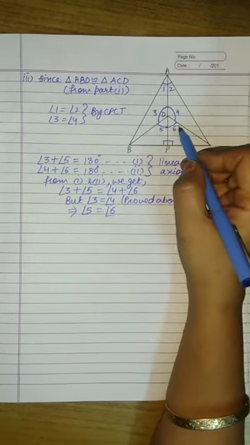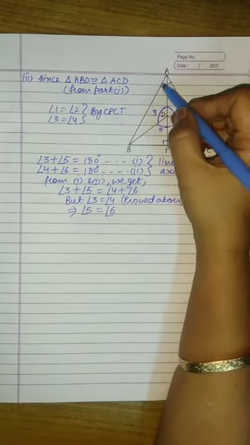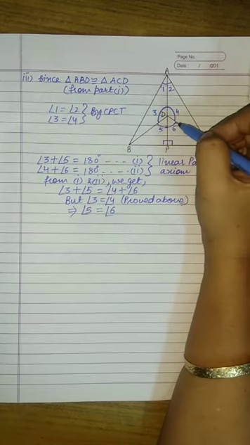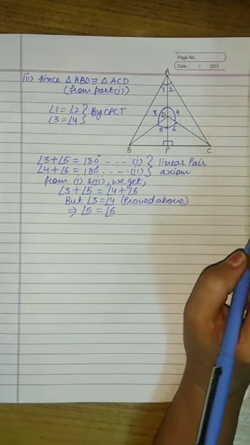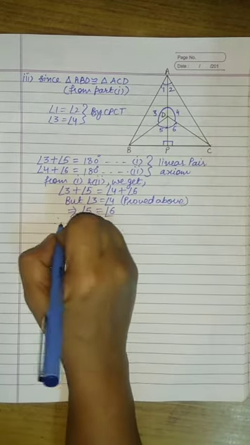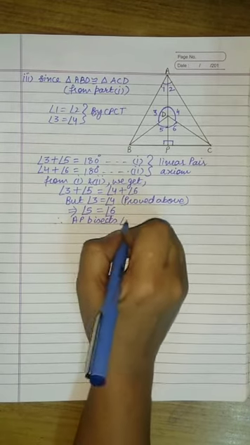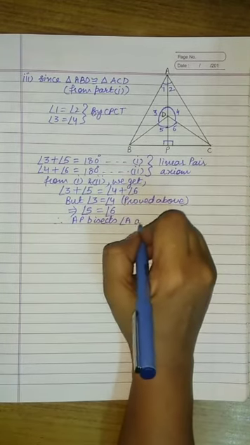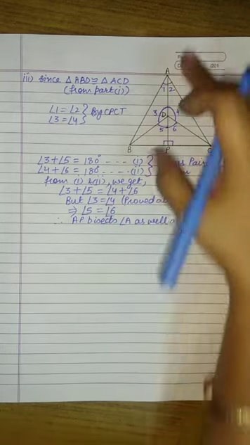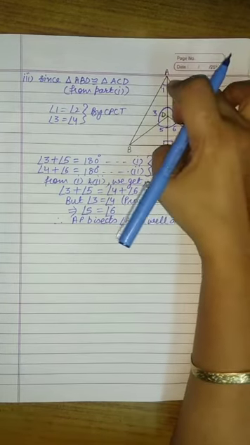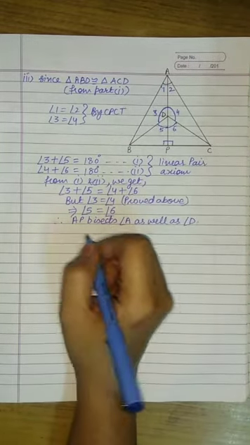Now if angle 5 is equal to angle 6, it means AP is bisecting angle A as well as angle D. It means it is dividing angle A and angle D into two equal parts. So therefore AP bisects angle A as well as angle D. So this line segment AP is dividing angle A as well as angle D into two equal parts.